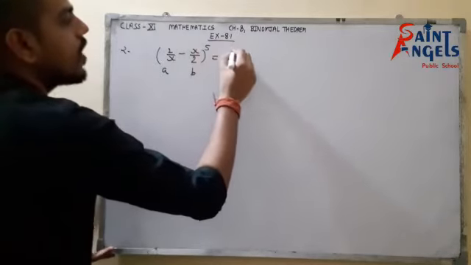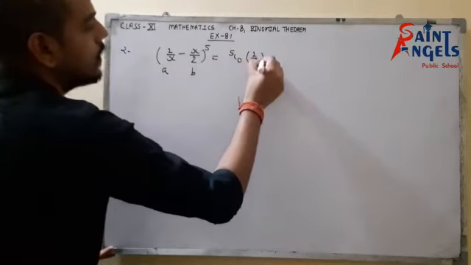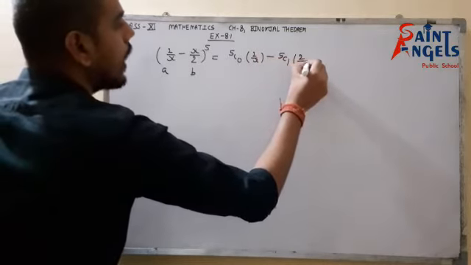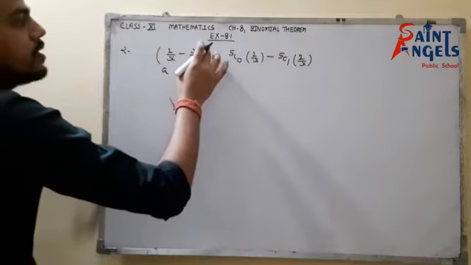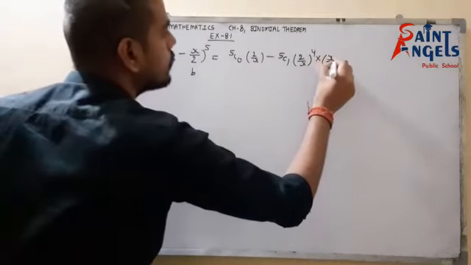Here n index is 5. So 5c0, a is 2 upon x. Then the second term would be negative, minus 5c1, 2 upon x to the power n minus 1. It means 5 minus 1, 4, into b, and b is x upon 2.